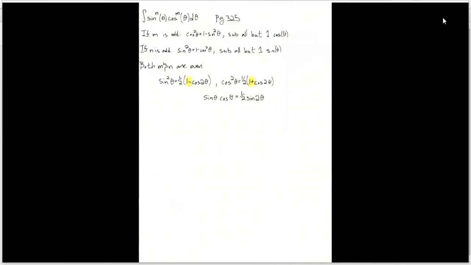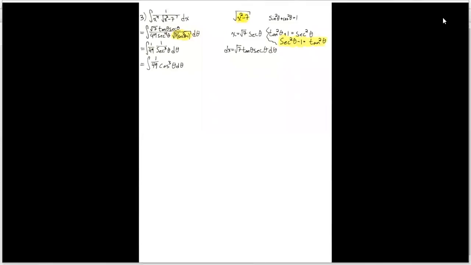Okay, so now we have this integral 1 over 49 cosine to the third theta d theta. So what I'm going to do is follow the guidelines that we did on the last page here. Since we have that m is odd, we're going to make a substitution of cosines and just keep going until we only have 1 cosine left. So in this case, I'm going to pick u equal to sine theta, and you'll see why in a second.